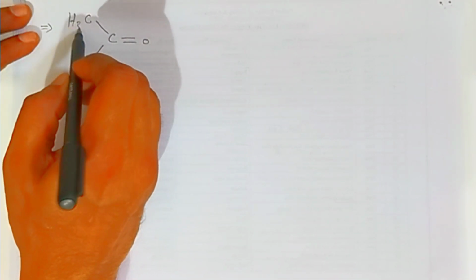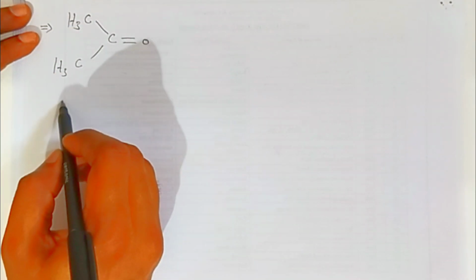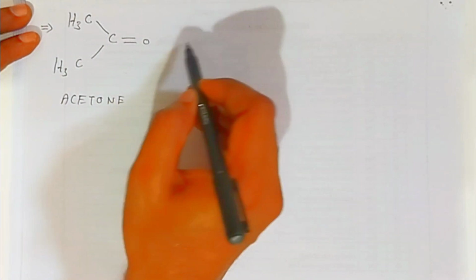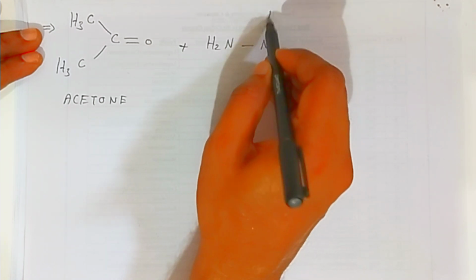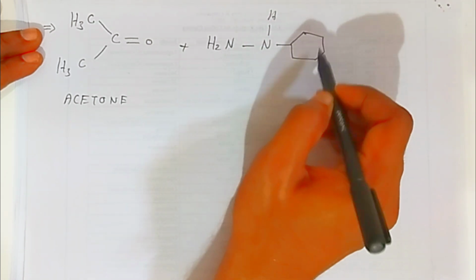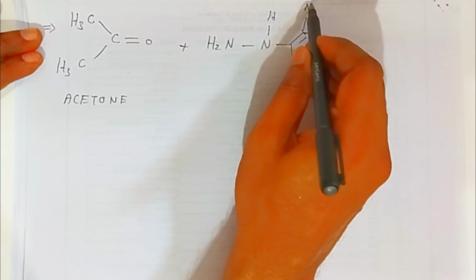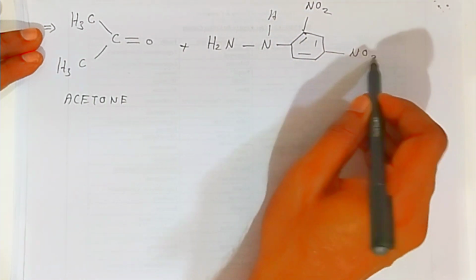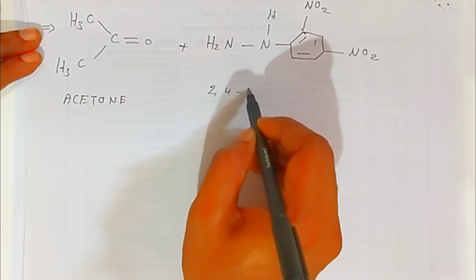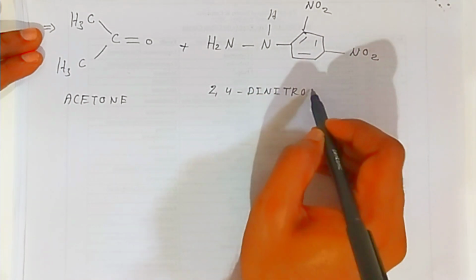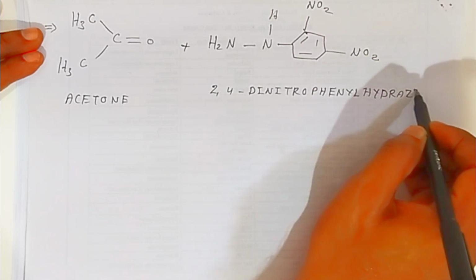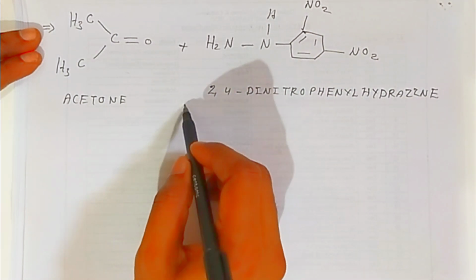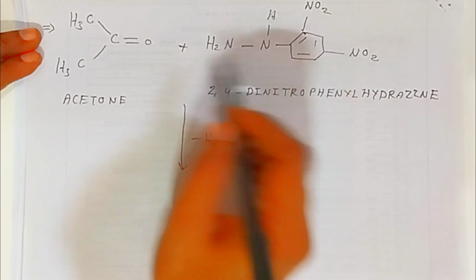The same thing happens, students, when it is combined with acetone. In the carbonyl, both valencies are replaced with methyl, so now it is called acetone. When acetone reacts with 2,4-dinitrophenyl hydrazine, you have the phenyl hydrazine with a nitro group at carbon number 2 and at carbon number 4. There is an elimination reaction when these two combine.